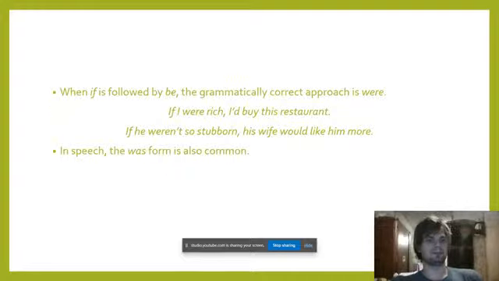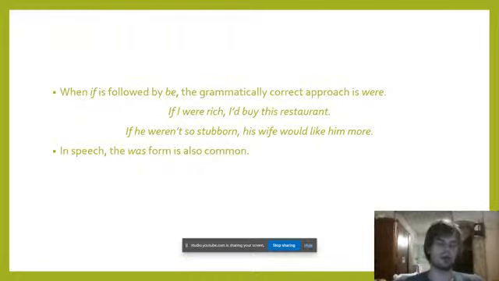And again, with every rule comes another rule that falls under it. When if is followed by be, the grammatically correct approach is were.